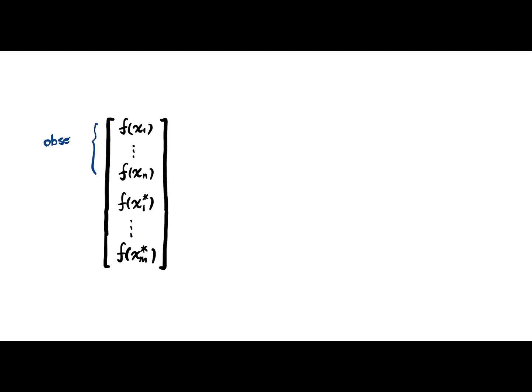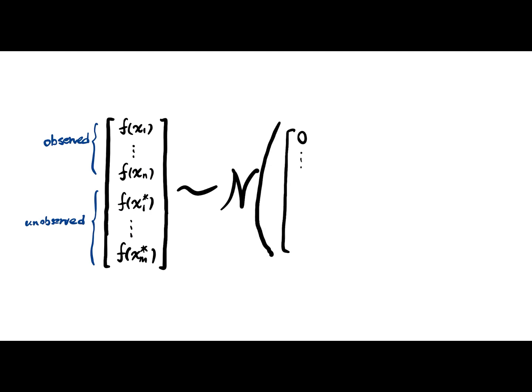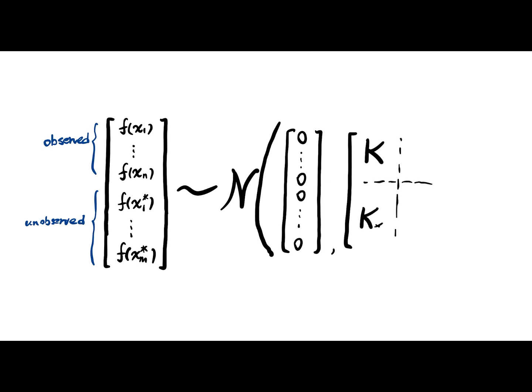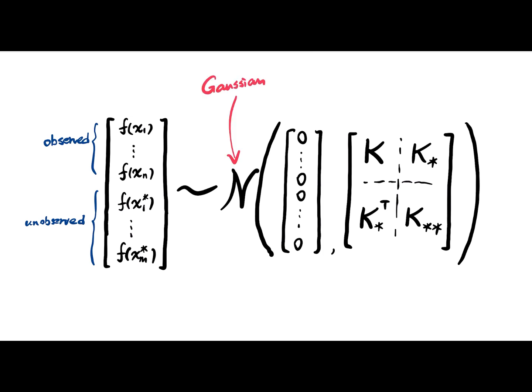Let us list all the observed and unobserved data points into a single column vector. Gaussian process regression is a second-order regression method that assumes that this column vector follows a joint Gaussian distribution of this form. Henceforth, the name Gaussian process.